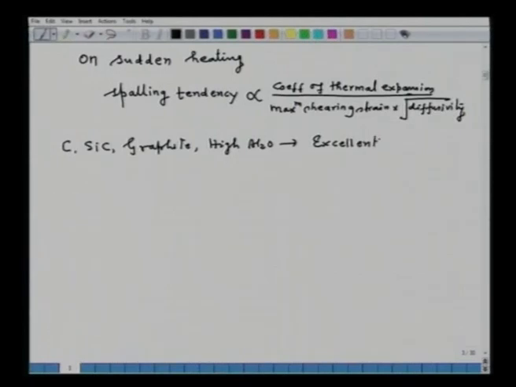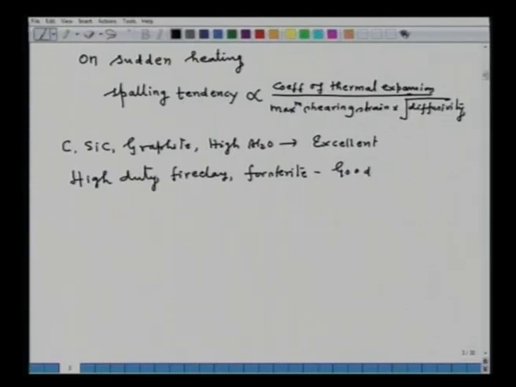They are excellent against the resistance to spalling, whereas bricks like high duty fire clay, forsterite, which is a MgO base refractory, have a so-called good spalling tendency. So, that is what spalling means.